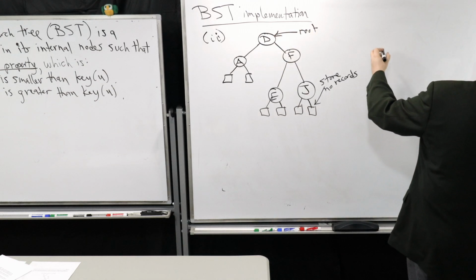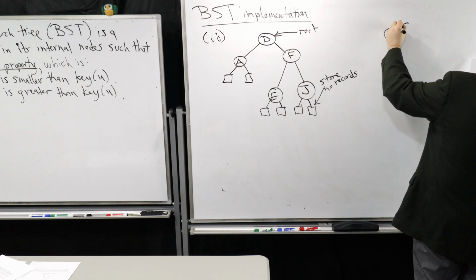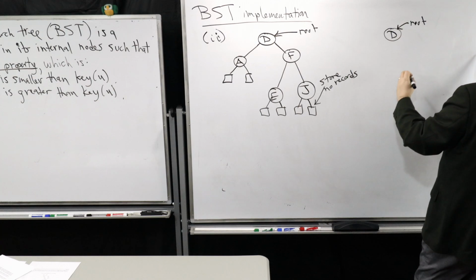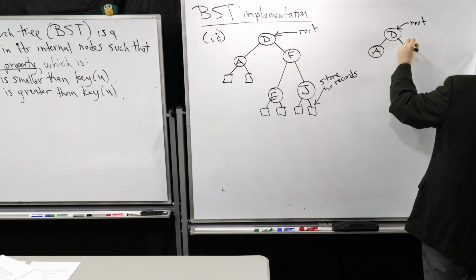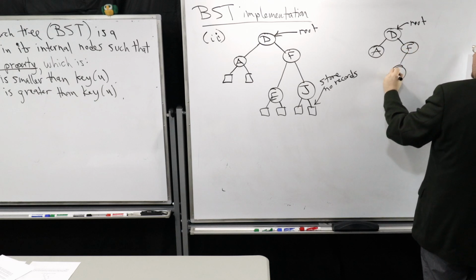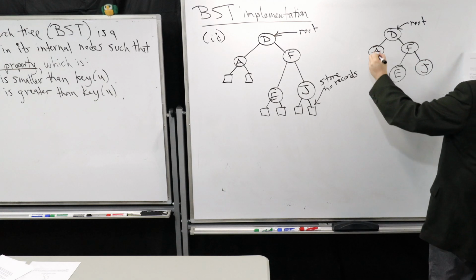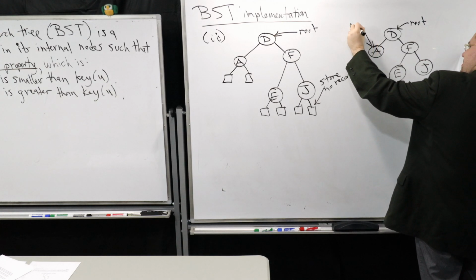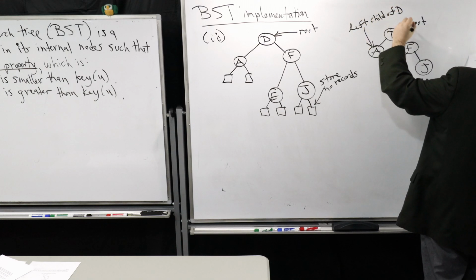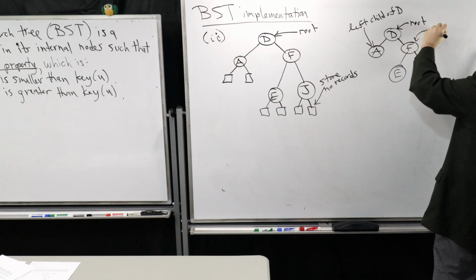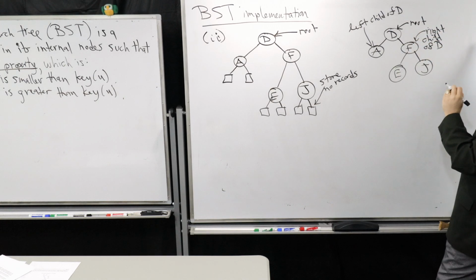So here's another way I could represent it. The same thing. I can have a root. I can have A, F, E, and J, just like over here. So remember, just to be very clear, this is the left child of D. This is the right child of D, just as a reminder.